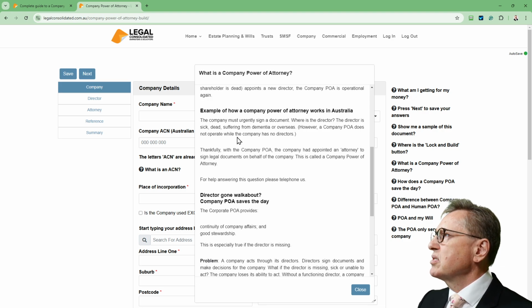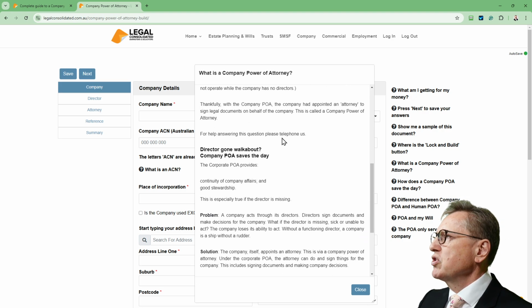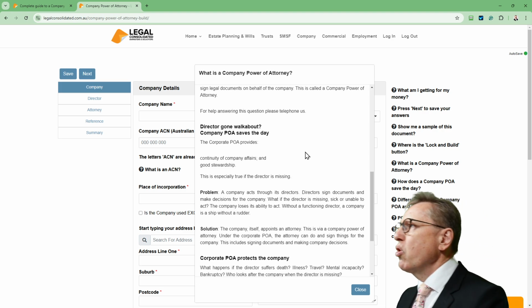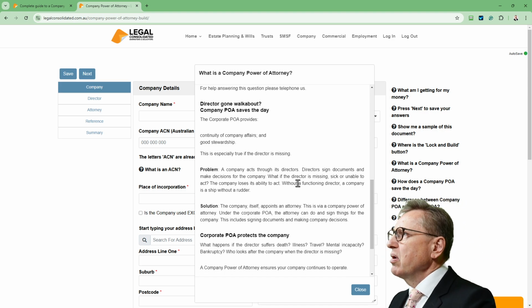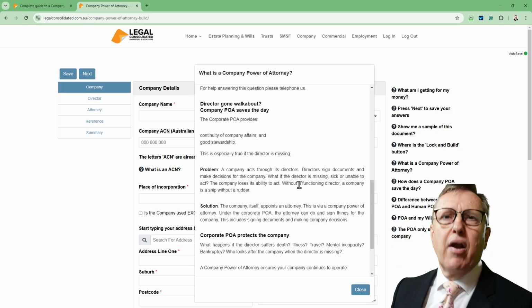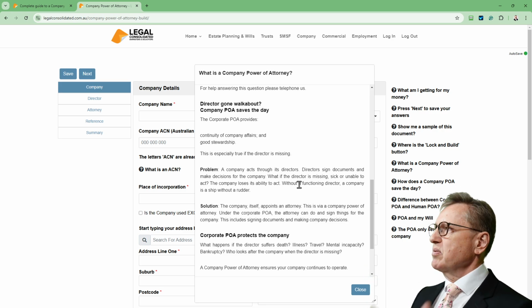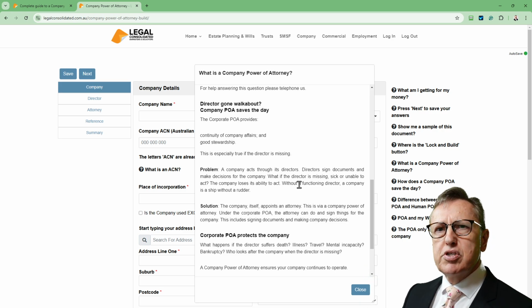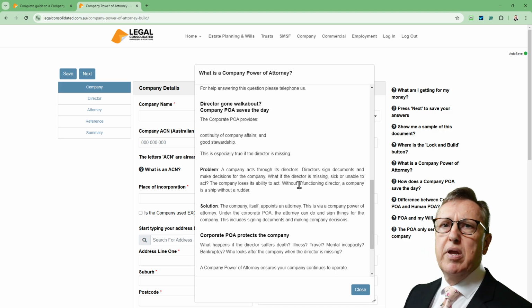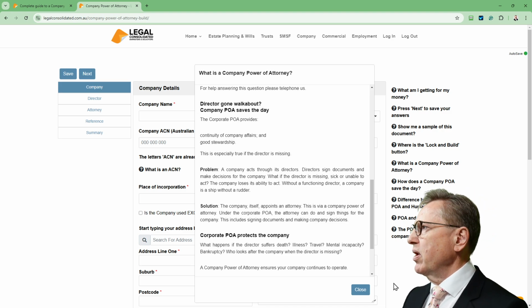So how does the company power of attorney operate? So here we go. The director has gone walkabout, so the company can't operate because the sole director is missing. The person holding the company power of attorney, which is called an attorney, will merely sign on behalf of the company.